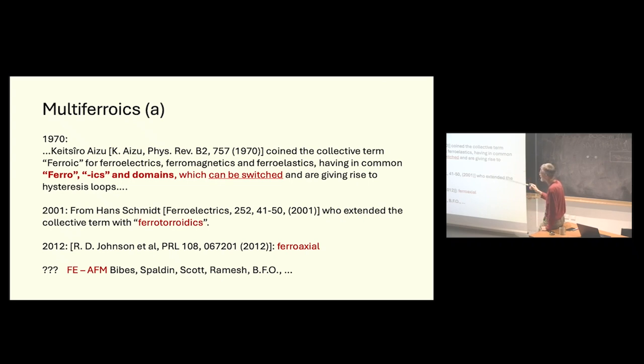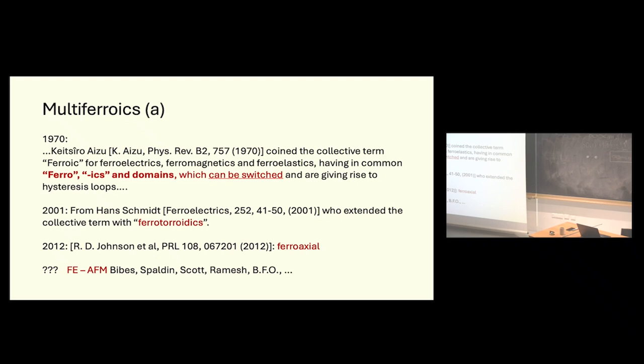That was in 1970. Then in 2001, there was this Hans Schmidt paper who actually thought, okay, we have also this magnetic toroidal moment, which was this dashed arrow. So I will add it here. So he was saying that in addition, we should have this vector which has this symmetry property.